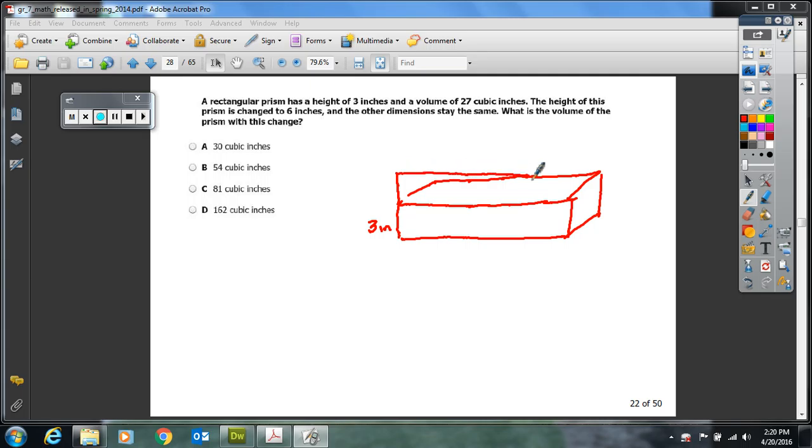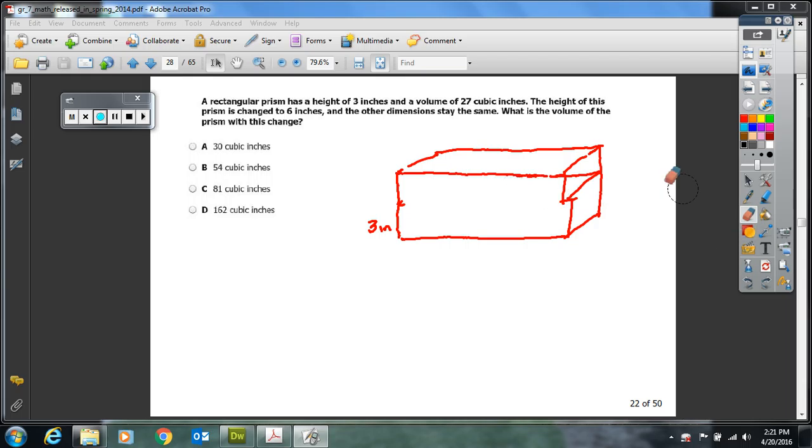So let me draw across again and go like this, go back, go across like this, and then I can kind of erase this area right here so you can see that I have kind of a new prism on here.